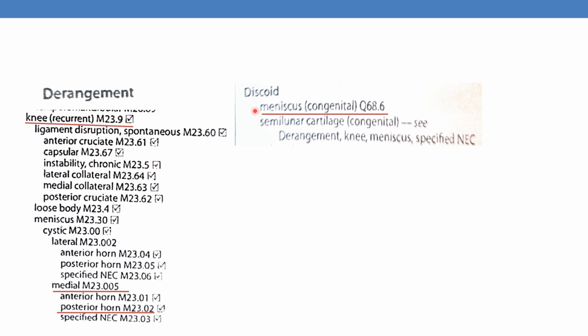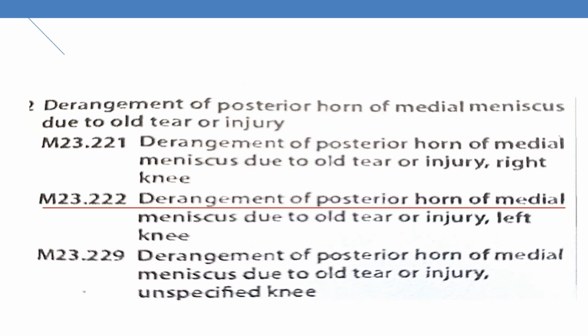The next ICD is discoid. You have a discoid meniscus. So you need to go for discoid. Under discoid you can find meniscus, congenital. The correct code is Q68.6. This is the complete code. So the correct code for derangement of posterior horn of medial meniscus due to old tear or injury is M23.222.